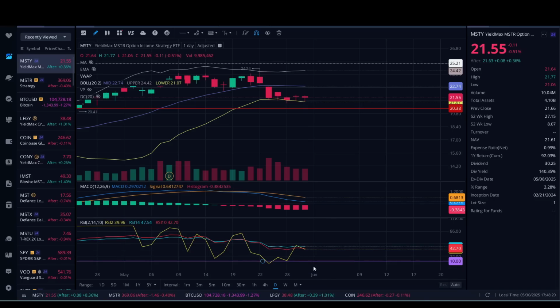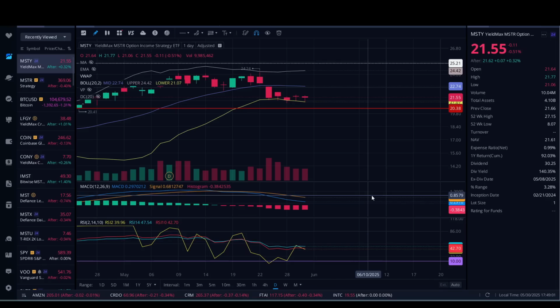If that comes on down and it goes below the 10 and that candle here is still at the bottom, at least under that midpoint of the Bollinger Band, then for me, that could be a good buy price to get a few more shares of MSTY. So that is the main reason that I'm looking at those indicators for MSTY. It is only trigger points for me to use to buy more shares.